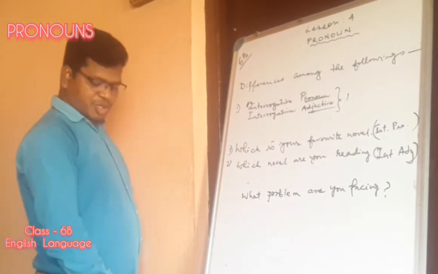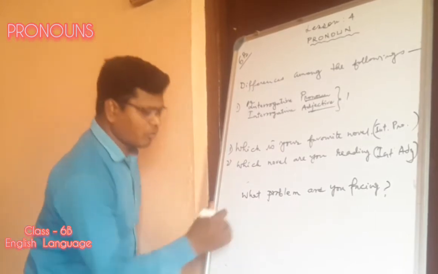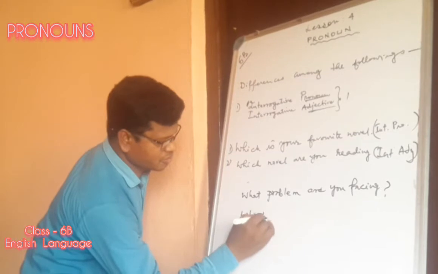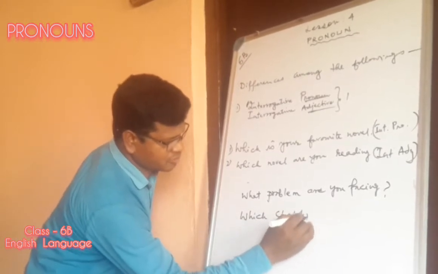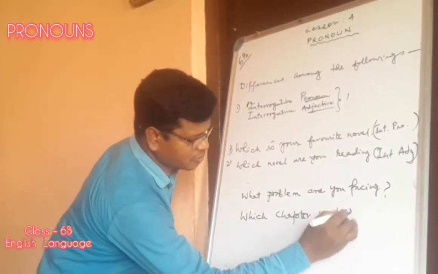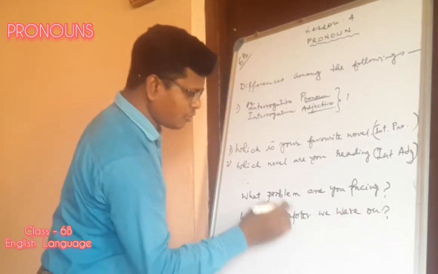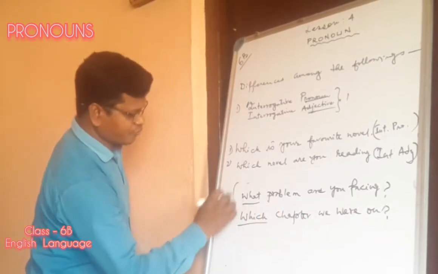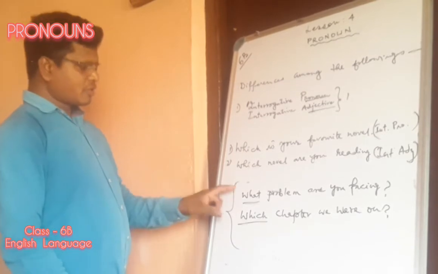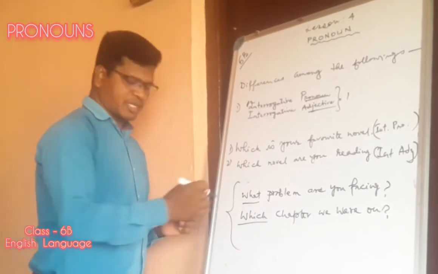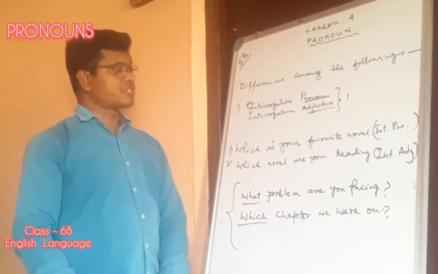Next we can say, which chapter we were on. So here also you see what the formation is. As I have already told you, these two examples I have written are interrogative adjectives.